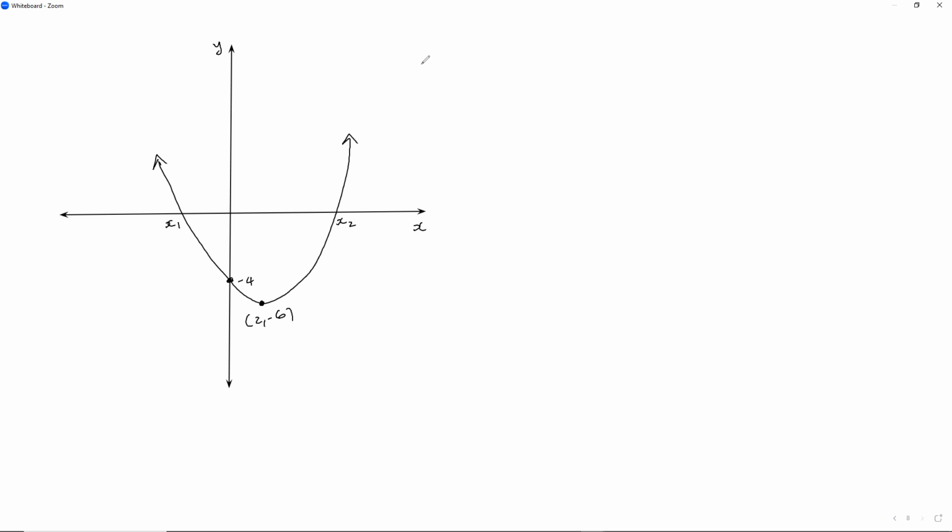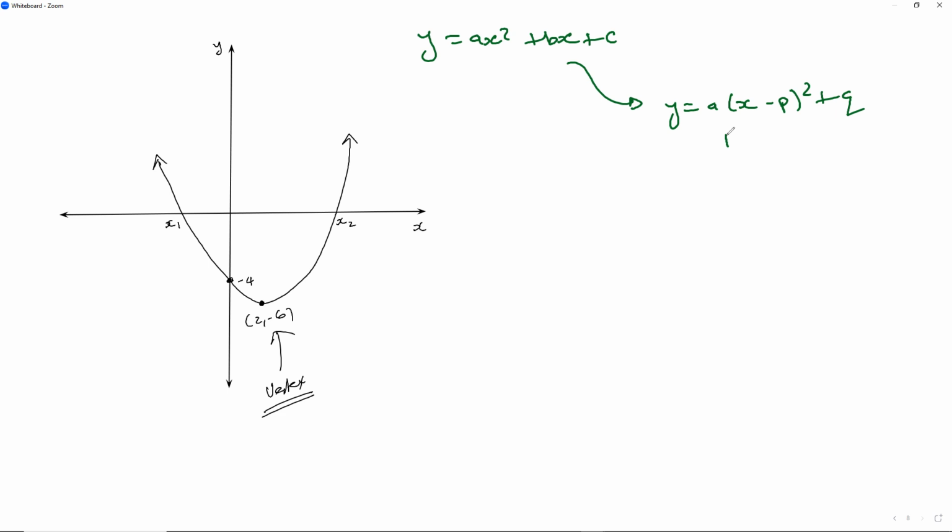This point over here is known as your vertex. So when you complete the square for a quadratic, you convert the quadratic from y equals ax squared plus bx plus c into the vertex form, y equals a(x minus p) squared plus q, in which case your turning point will be (p, q).